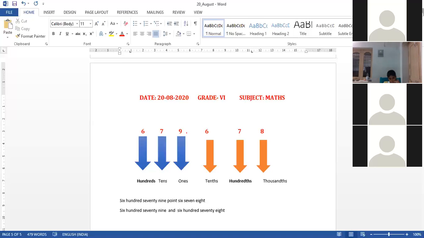The place value of the last digit is thousandths. So we write 678 thousandths. This is the second way.